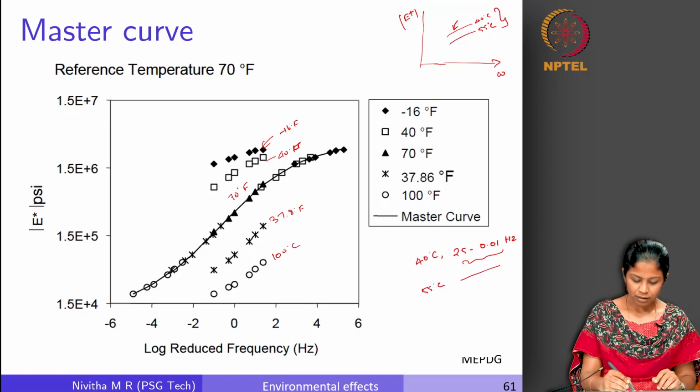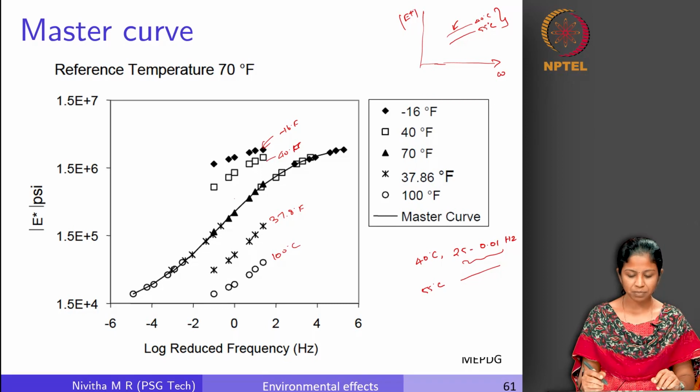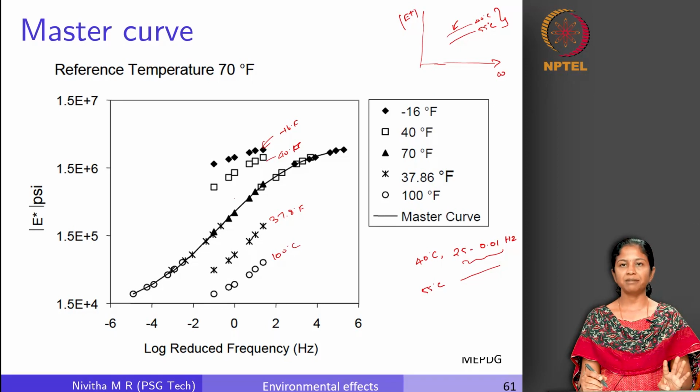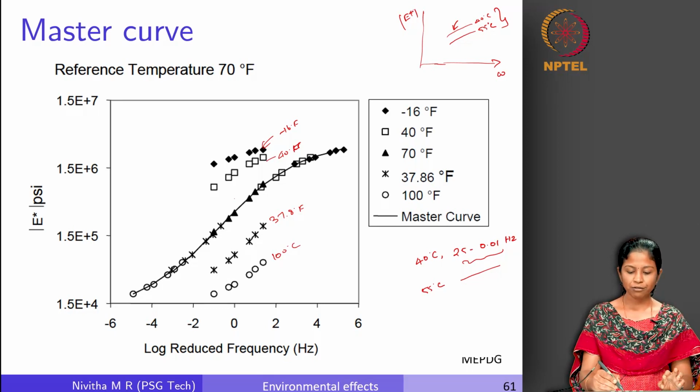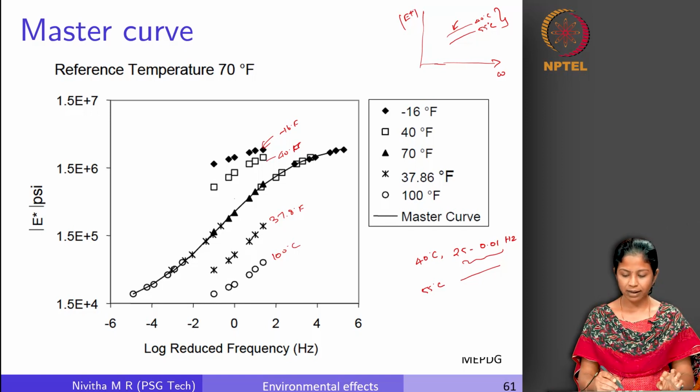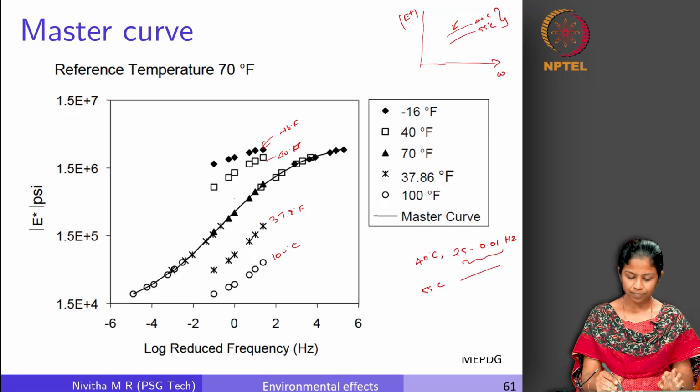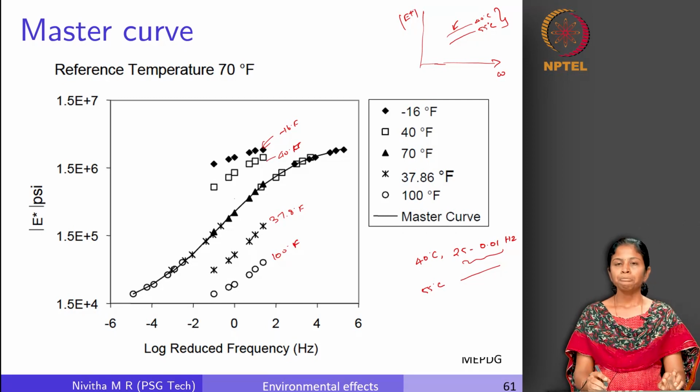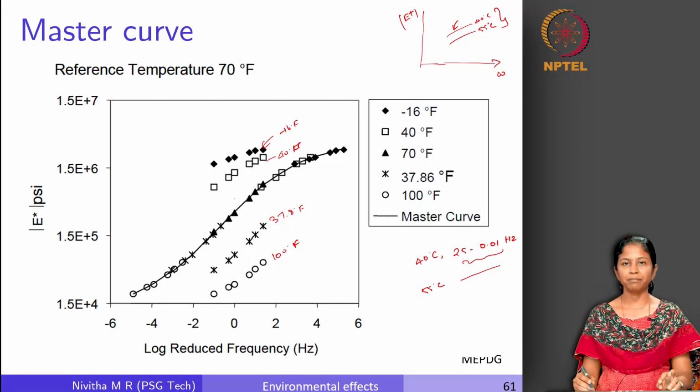I am sorry, this is the reference temperature that we are using, so let me just skip this. We have four isotherms that we have measured: minus 16, 40, 70 and 100 degrees Fahrenheit. So we have isotherms measured at different temperatures.